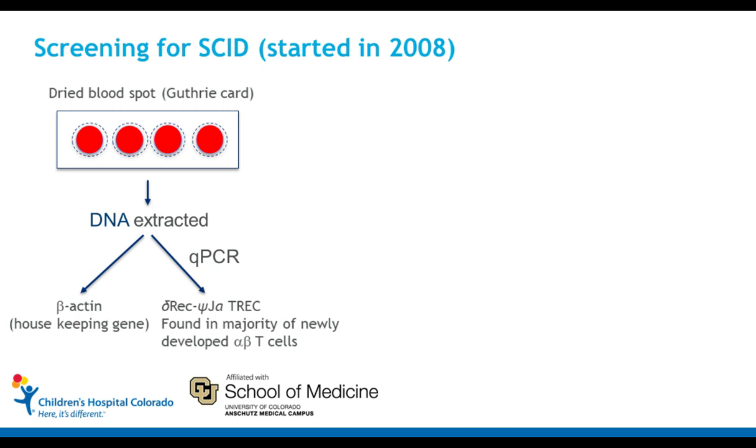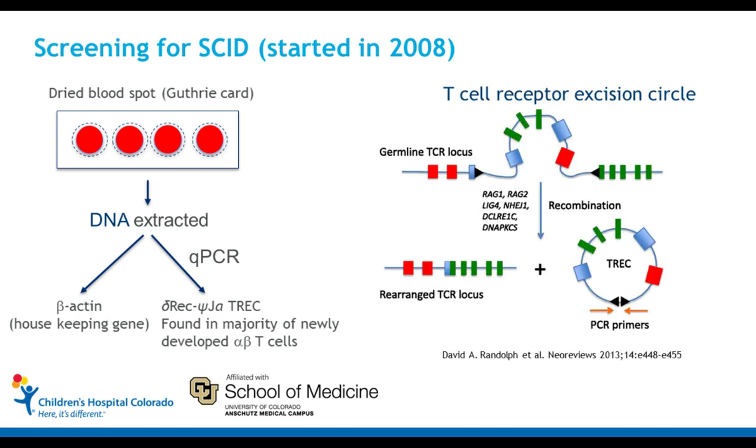Now, this piece of DNA that's amplified is called a T cell receptor excision circle, or TREC, and shown here is the formation of this TREC. So when the TCR, or the T cell receptor, forms in these T cells that are within the thymus, the T cell germline DNA is rearranged using a number of different genes that are involved in the process.